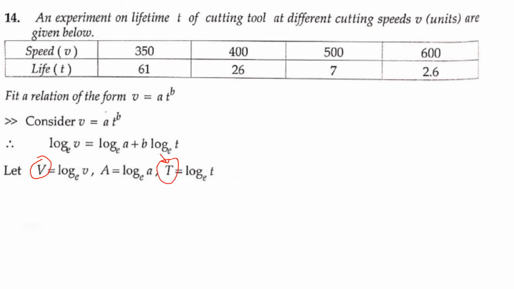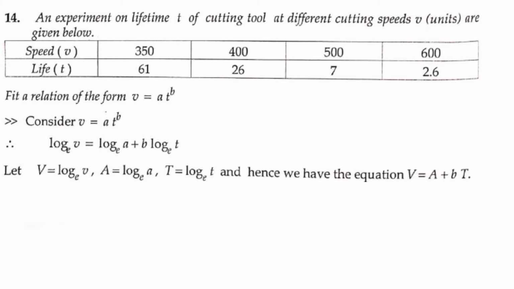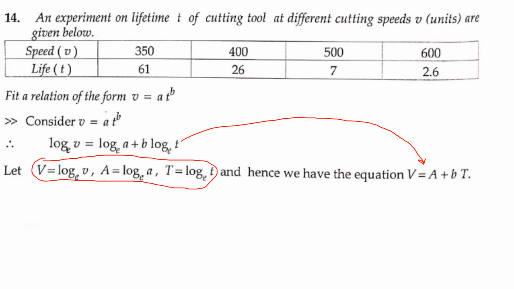We need to form a table for the new variables. With these new variables, this equation reduces to this form. Capital V is equal to capital A plus small b into capital T. We have substituted these notations in the above equation to get such a linear equation.